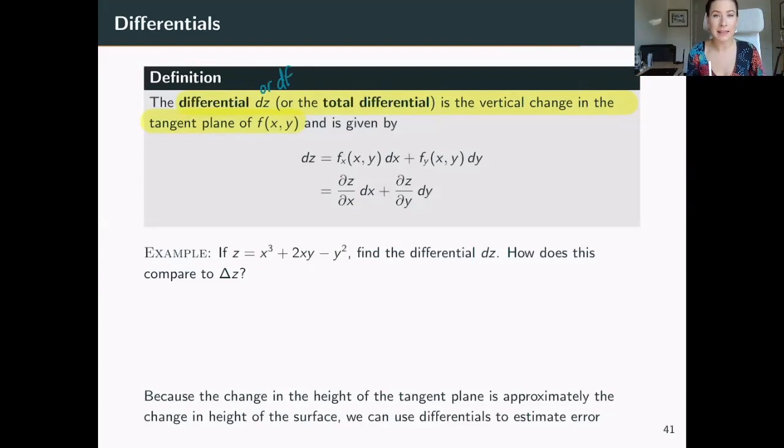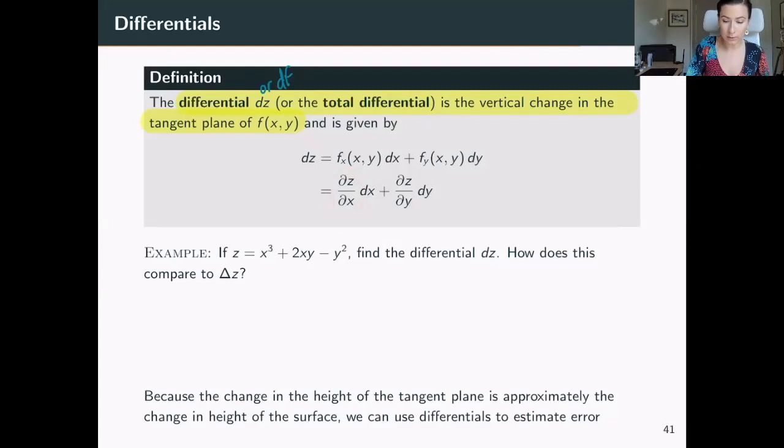And we can define this in a similar way to how we define the differential in 111, where we have that our dz is going to be equal to the partial of x times dx and the partial of y times dy. And we could also use a Leibniz notation to do this, so that it'll look like partial z partial x dx and then partial z with respect to y dy. So let's put this into an example.